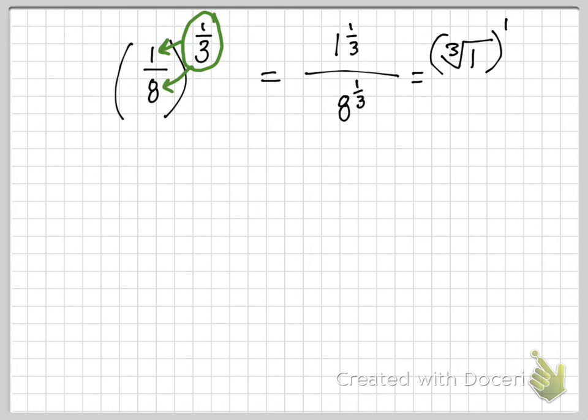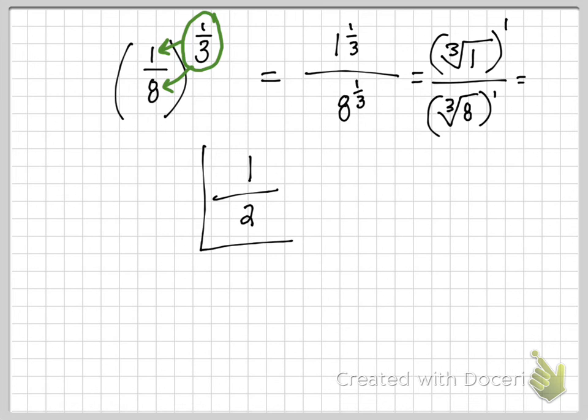So we take that fraction and change it into the index and the exponent. And on the bottom, we get the cube root of 8 to the first power. And then we simplify. Cube root of 1 is 1, to the first power is 1. Cube root of 8 is 2, to the first power is 2. You get 1/2. Homework.